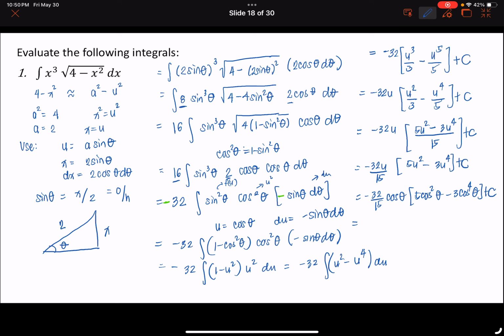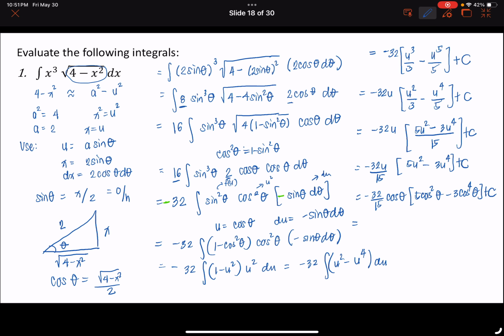The third side would be the radicand, so that would be the radical, square root of 4 minus x squared. Hypotenuse squared minus the other side squared, so 4 minus x squared. So we can now solve for cosine theta, which is equal to adjacent over hypotenuse, square root of 4 minus x squared over 2.